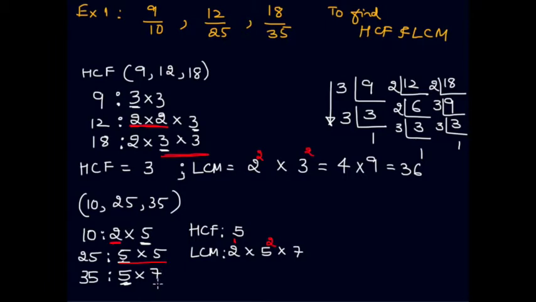And 7 looks like is just 1, so 1. So that's nothing but 2 times 25 times 7, which is equal to 2 times 25 is 50. 50 times 7 is 350. Okay.